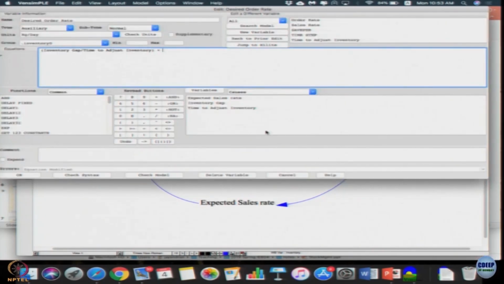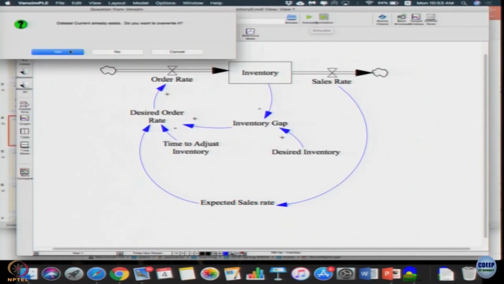Desired order rate, equivalent desired order rate will be this: inventory gap by time to adjust inventory plus expected sales rate. Got it? Straightforward.